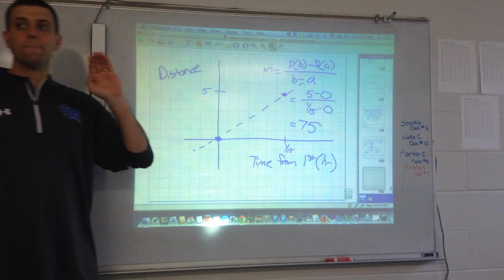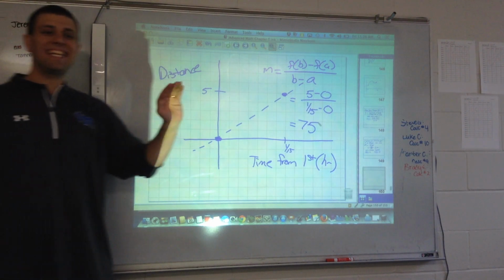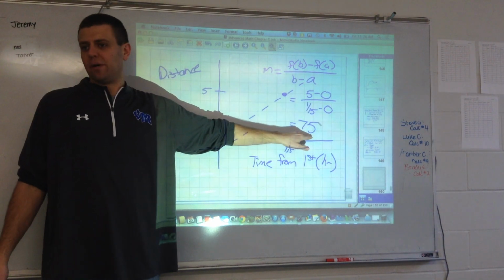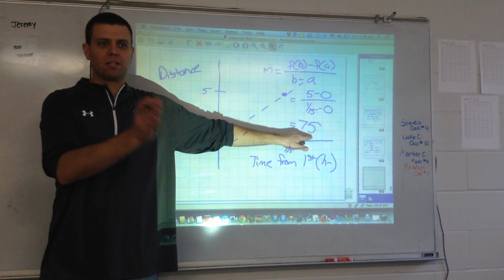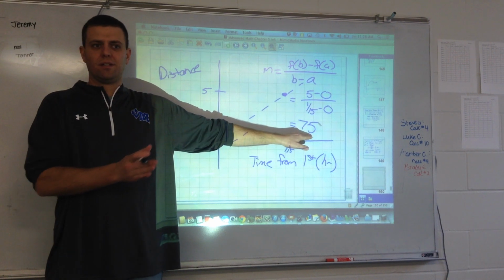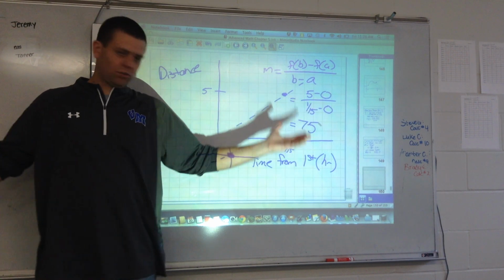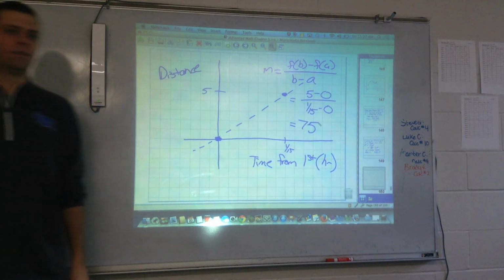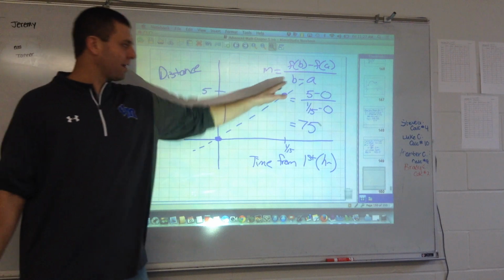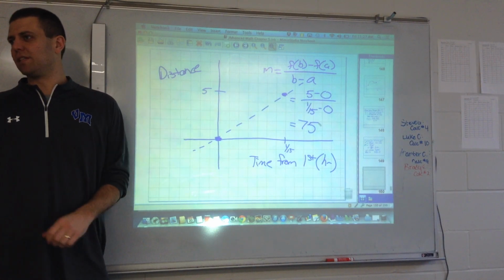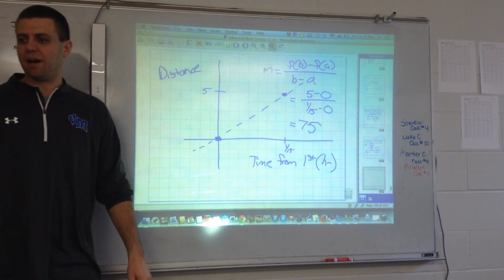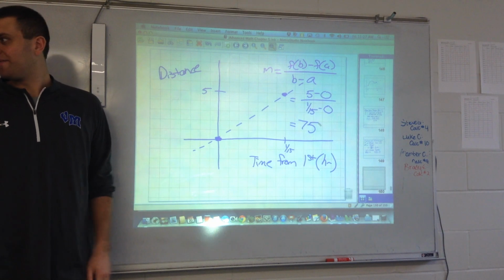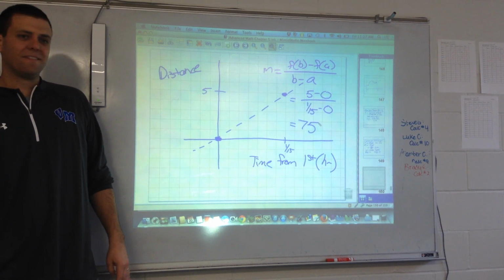Maybe he just accelerated instantly. But you're guaranteeing he was going 75 at one point in that time. And even though technically it would be higher, you wouldn't know how much higher, so you couldn't give him a ticket for anything higher. But mathematically, you can give him a ticket for 75 because there's no way around it. The numbers don't lie.